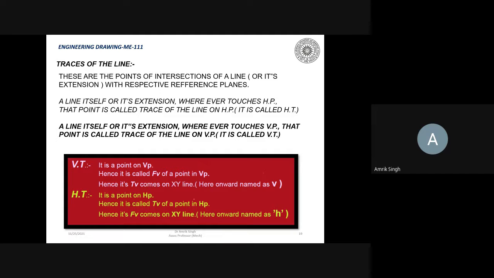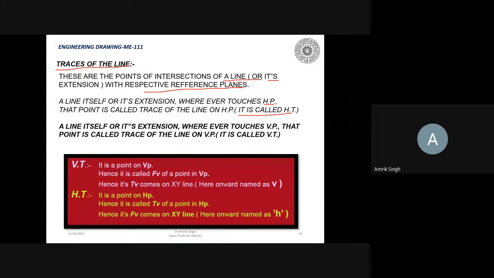Okay. Now next concept is the trace. What is the trace of a line? Okay. So these are the points of intersection of a line or its extension with respect to the reference planes. Okay. So a line itself or its extension where it touches the HP, that point is called the horizontal trace, HT.